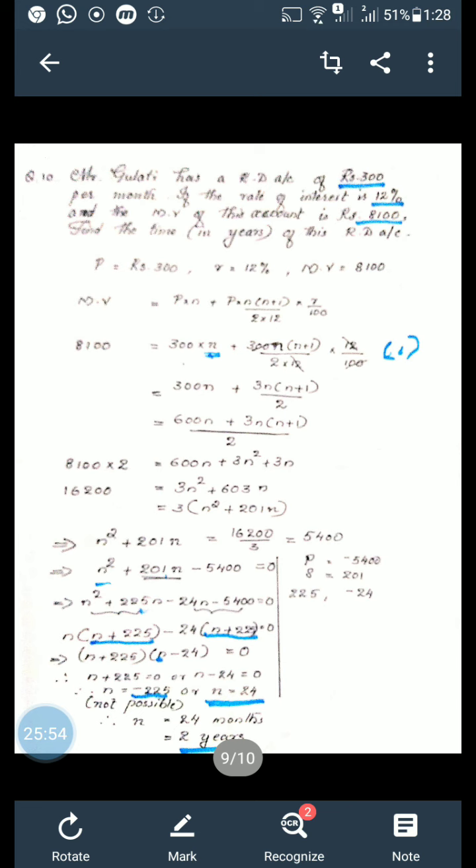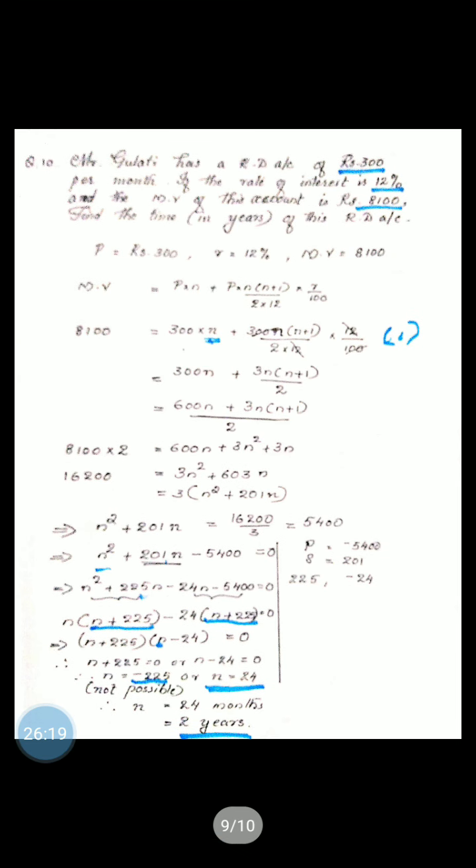You will get two numbers, 225 and minus 24. 225 into minus 24 is equal to minus 5400, and 225 plus minus 24 is equal to 201, right?